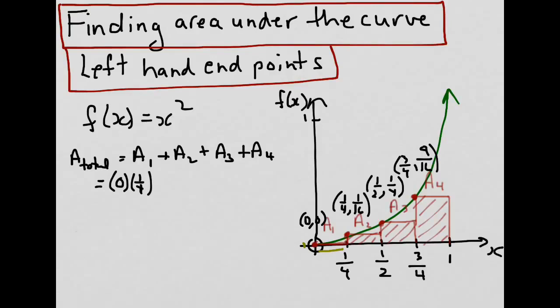The area of rectangle 2 would be its height times its width, which would be, its height would be 1/16 times 1/4. The area of rectangle 3 would be its height times its width, which would be 1/4 times 1/4.